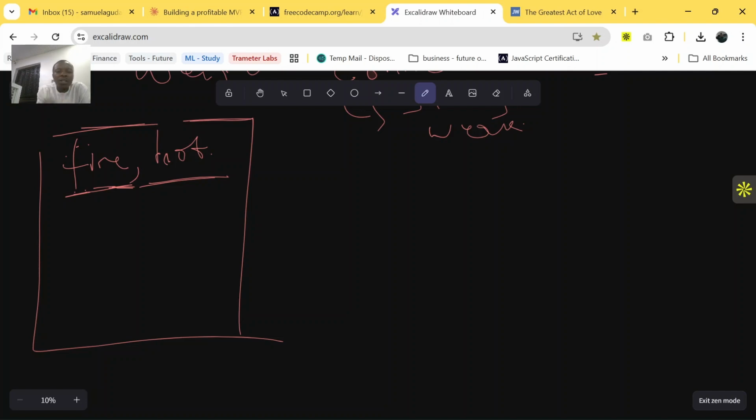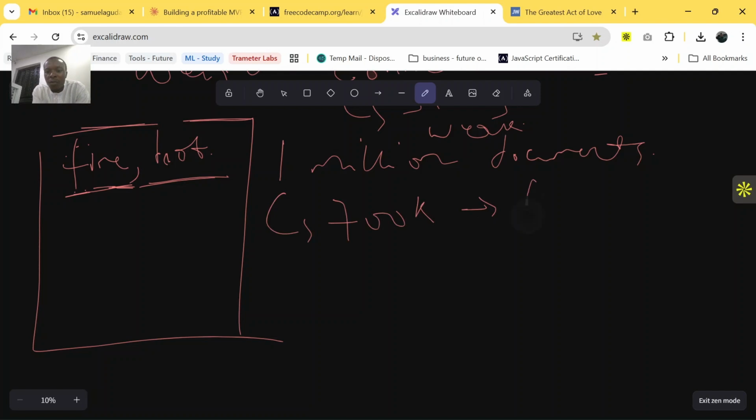So if we train the model on 1 million documents, and in 700,000 of them, 700K documents, have the word fire and hot in the same sentence, the model would create a very high weight. Remember, we said the weight is the connection between two words. High weight between both words.